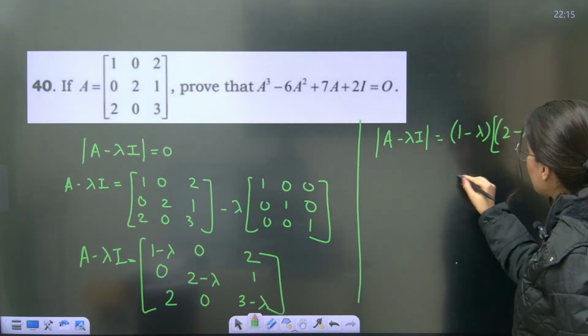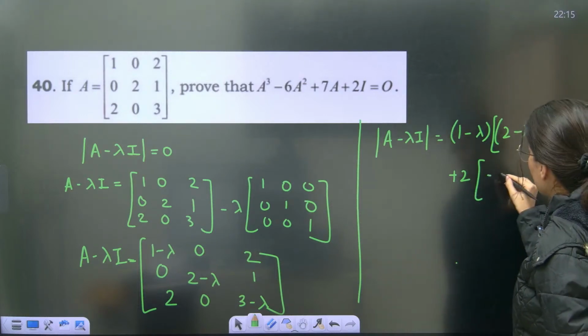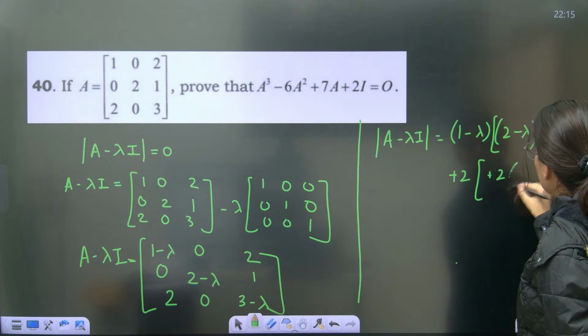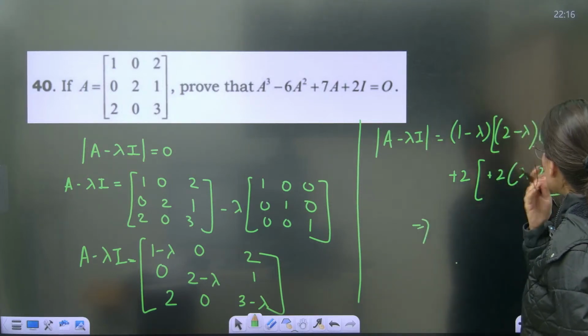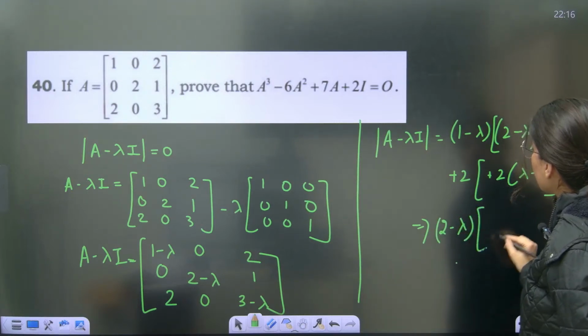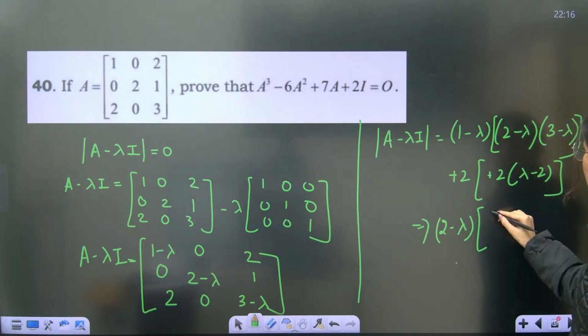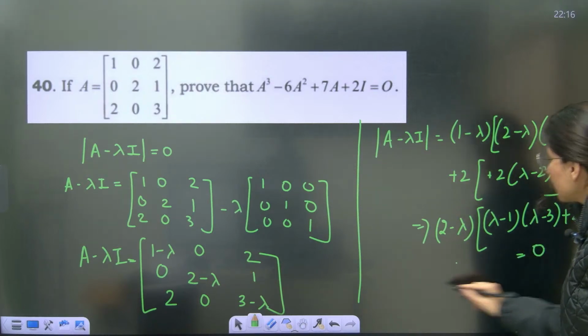Minus 0 is gone, plus 2, and we are having 0 minus, so minus will be plus 2, lambda minus 2. Correct? This is, if you just take 2 minus lambda out for the time being. So this is lambda minus 1, lambda minus 3 plus 2. And this is equal to 0, guys.